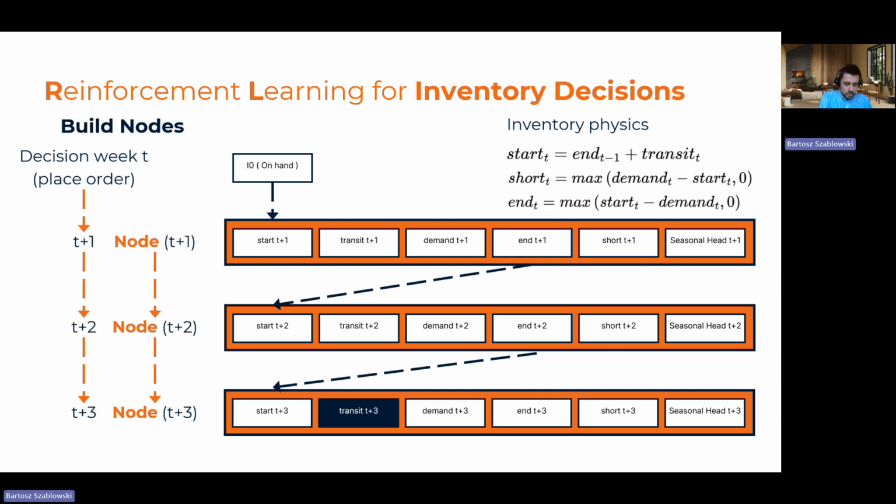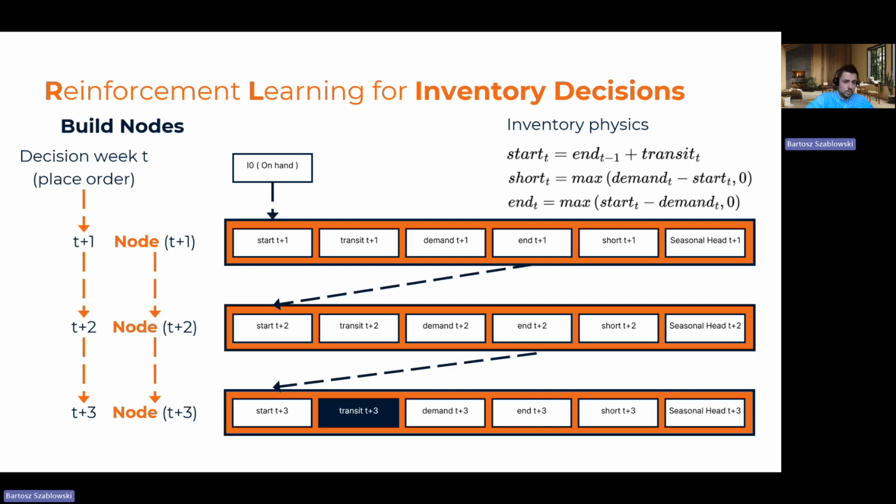Each of them describes the inventory and demand situation in a given step. A single node contains 6 pieces of information. Starting inventory, meaning the inventory level at the beginning of that week. For the first node, this value is known, but for the following nodes, this value comes from projection. So it already includes some uncertainty.